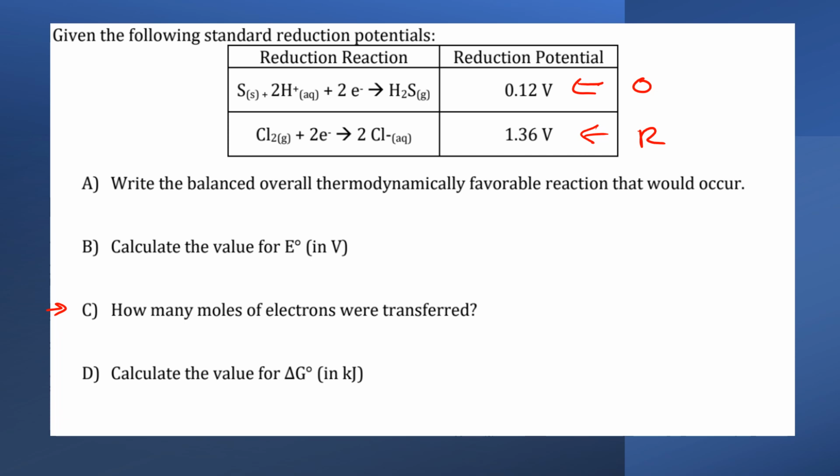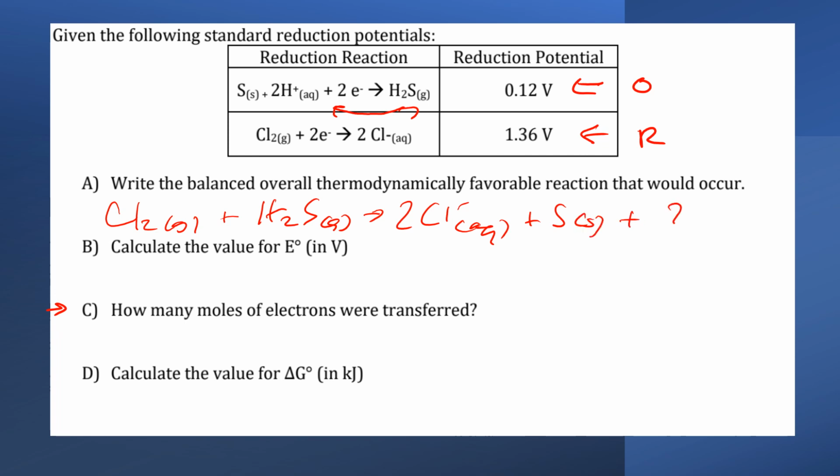So I'm going to flip this one. Overall thermodynamically favorable reaction: chlorine gas plus H2S gas produces 2 chloride ions in aqueous solution plus S solid plus 2H plus aqueous.